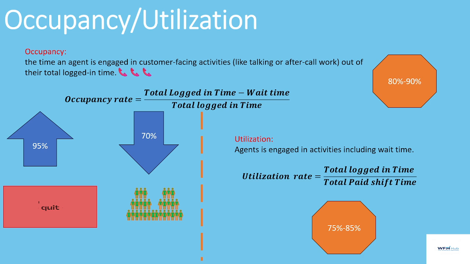So for this example, we just divide 5 by 6. Now I would like to measure how busy he was while he was engaged with the customer. But for the utilization, how busy and ready to handle a customer he was out of his total paid hours. Very simple. So now we have come to the end of our video.